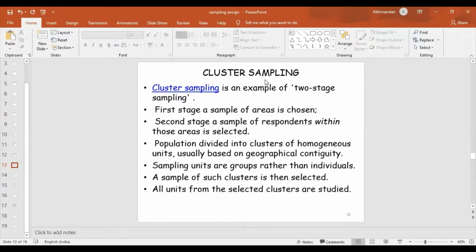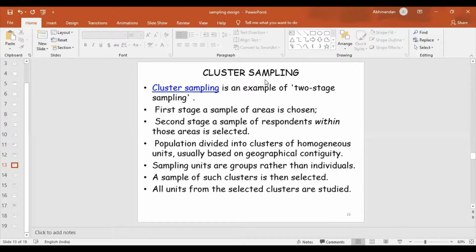For example, my study area is India, and my study is online consumer behavior in India. At that time, my population is the respondents from entire India. But the nature of the population in North India and the nature of the population in South India is different.